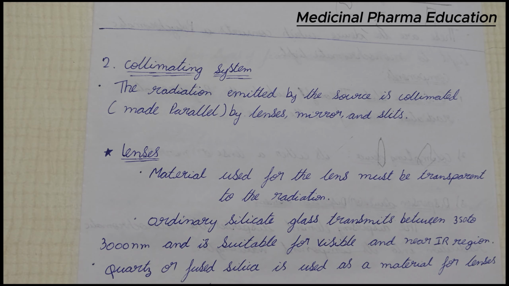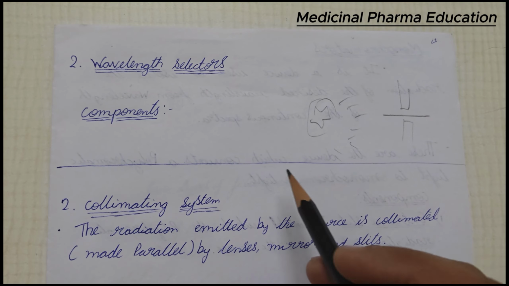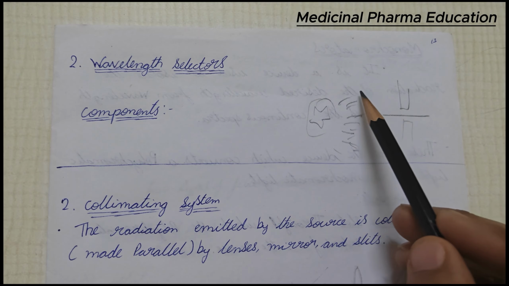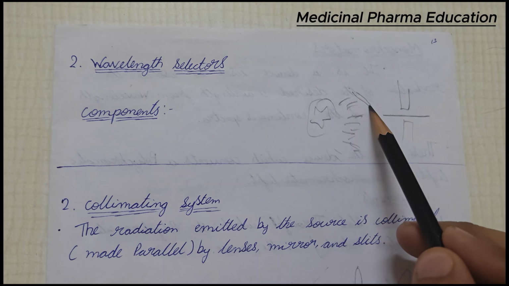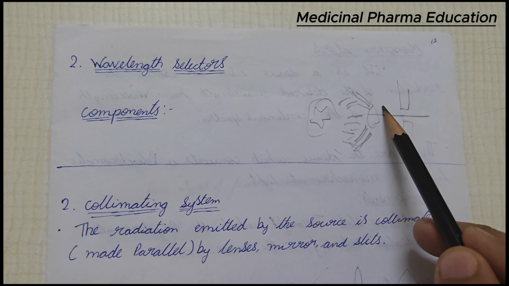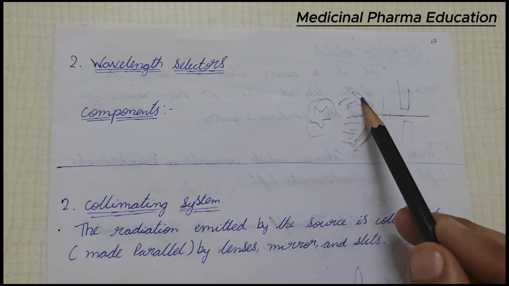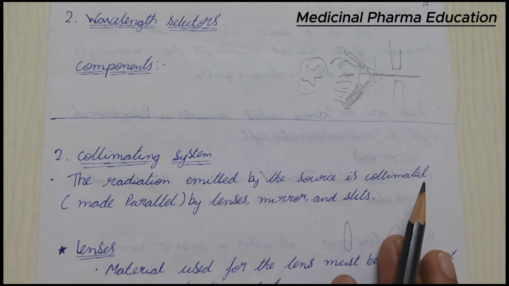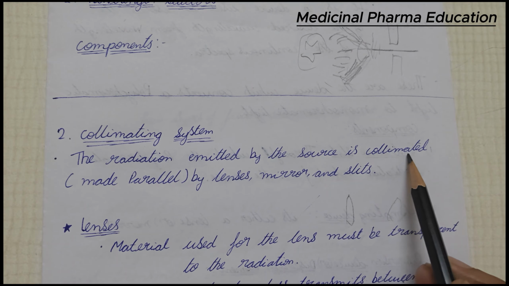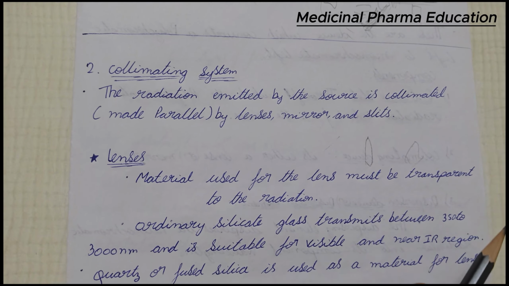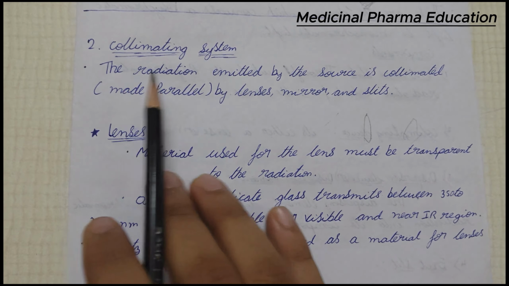As the light travels in different directions, these systems make the light travel in a single direction. The lens or the mirror or the slit is used to collimate the light into a single line, make it parallel. This is the basic concept of the collimating system.